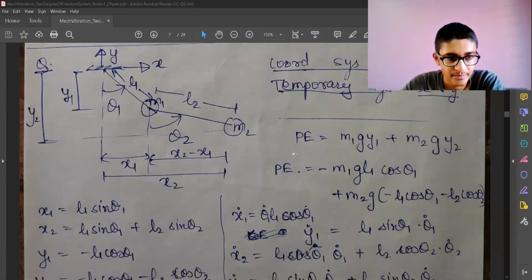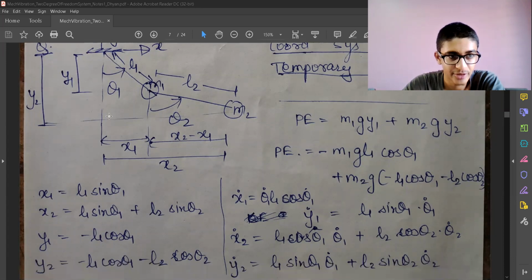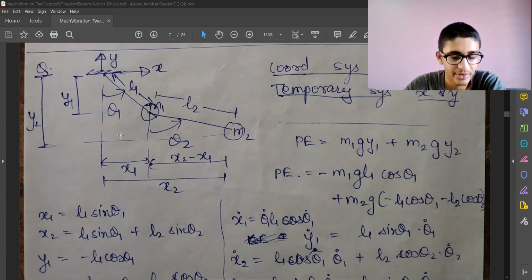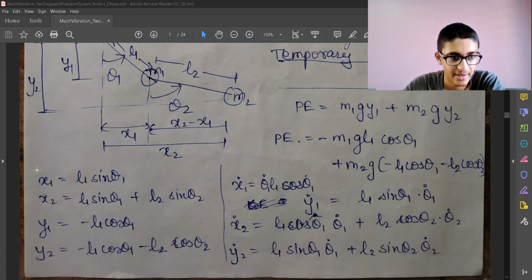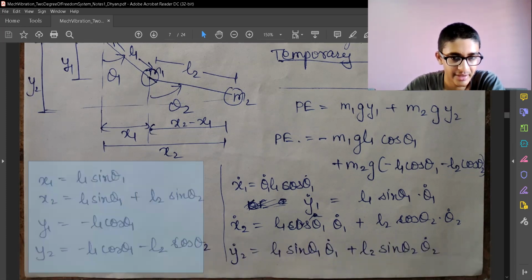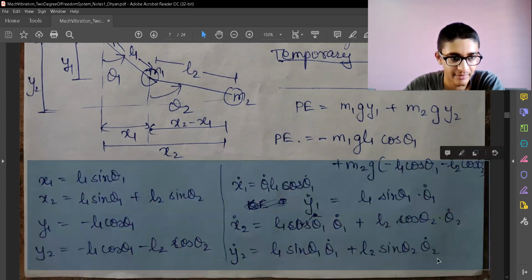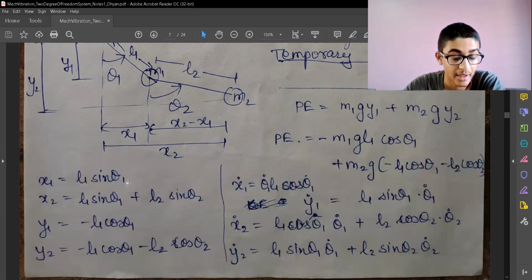So I have written the total kinetic energy and total potential energy in terms of x1, y1, x2, y2. And you look at how we have defined x1, x2, y1, y2. So this is how we have defined that. And I have given the equations for how to convert x and y into L and theta, theta 1 and theta 2, while L1 and L2 are constants.